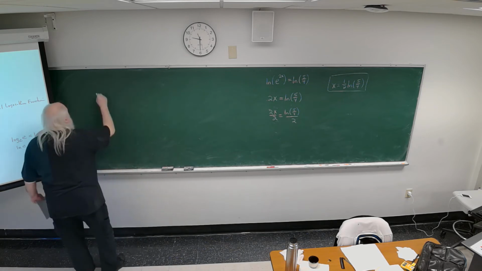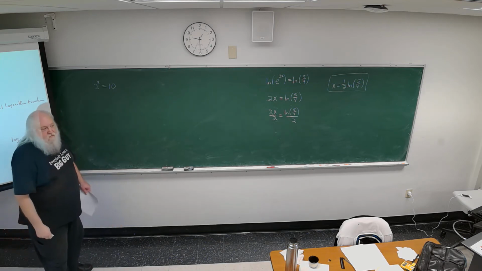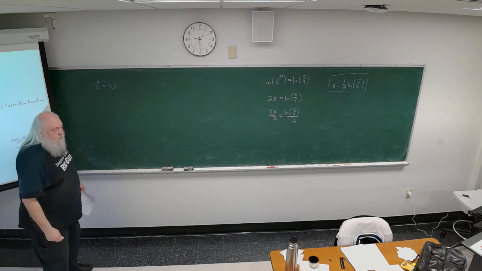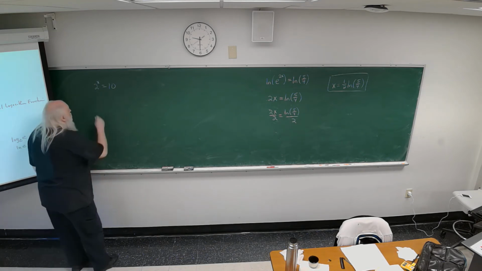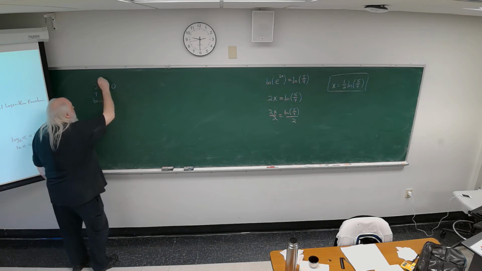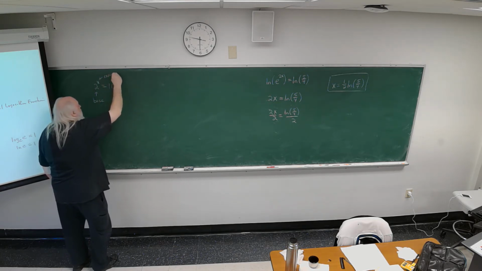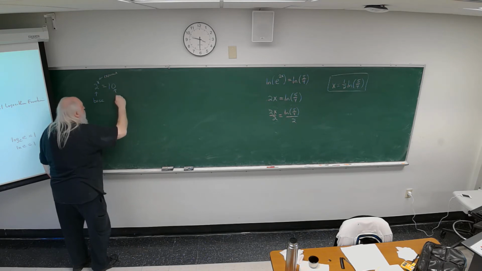In B, we have 2 to the x is equal to 10. Now, this is an exponential equation. 2 is the base, x is the exponent, 10 is the value of the exponential.